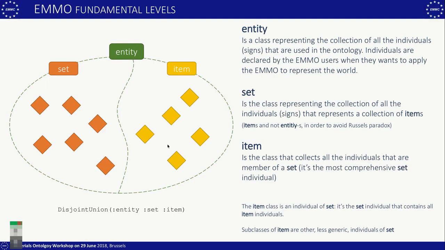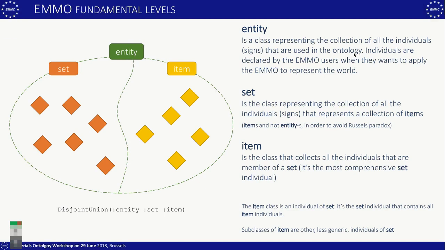We started with this ontology by clearly separating the concept of set and the concept of item. So the root of every class in the EMMO is the class entity. This is a class representing the collection of all the individuals, the signs that are used in the ontology.